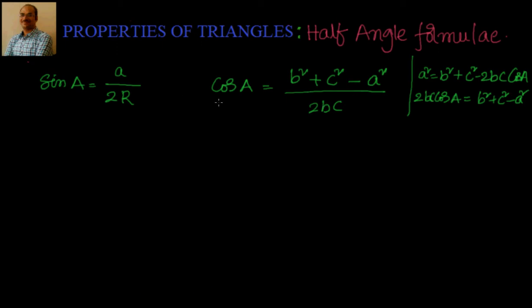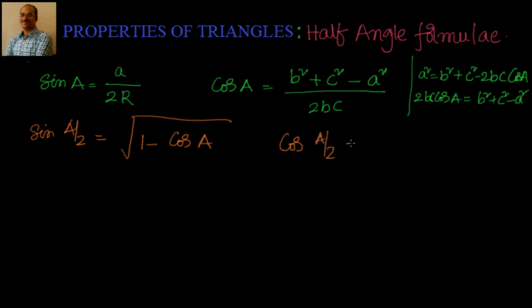Okay. Now to find out sine A by 2 and cos A by 2, this may not be particularly useful, but we can use this because we know that sine A by 2 is equal to square root of 1 minus cos A by 2, and cos of A by 2 equal to square root of 1 plus cos A by 2.